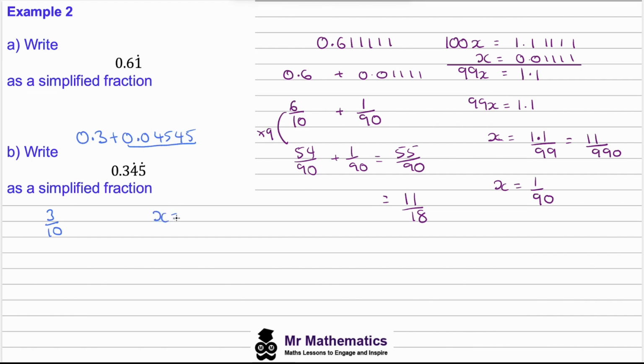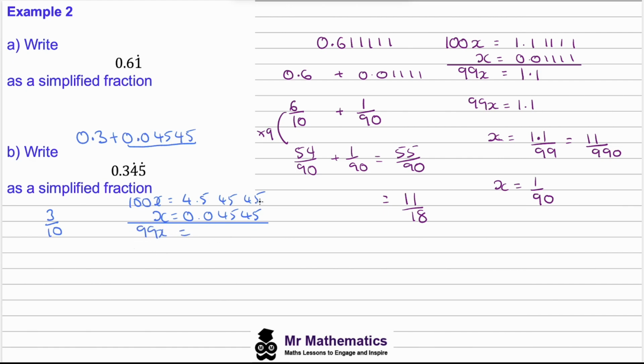So we'll let this equal x, 0.045 recurring. And because it recurs in the hundredths column, we'll multiply it by 100, and we'll get 4.54545.